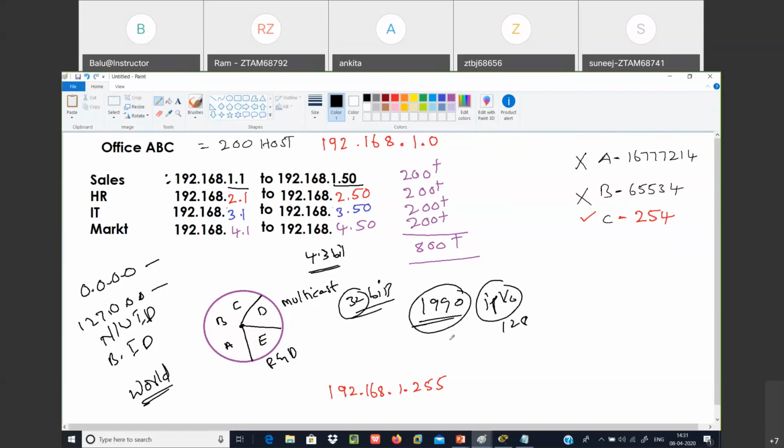In the 1990s, but still in 2020, even in 2020 we are using IPv4 only for internet access. How is it possible, guys? Even after 2030, after 15 or 20 years, we can survive with IPv4. Even though technology is being developed very fast, we can survive. How is it possible?